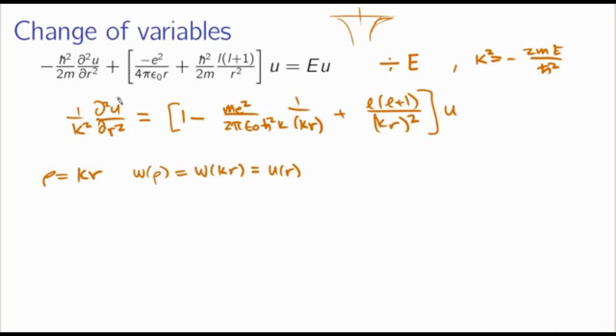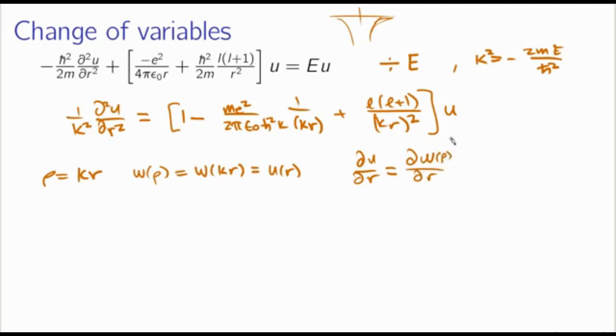We can then, using this definition of w, do things like calculate derivatives. For example, if what I want to know is the derivative of u with respect to r, since that's going to appear, for instance, in the second derivative here, the derivative of u with respect to r is equal to the derivative of w of rho with respect to r, which we can just evaluate by the chain rule.